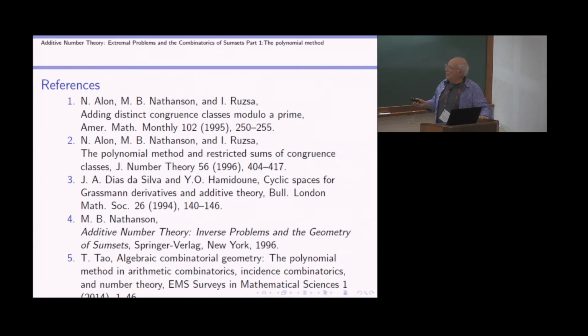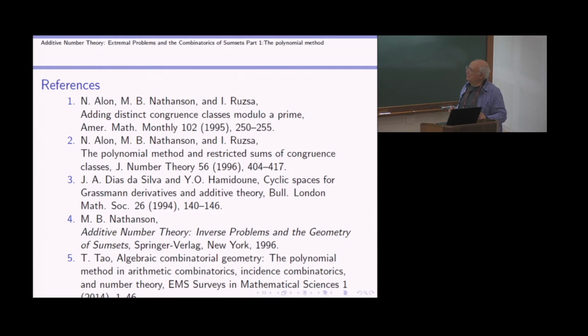Because this polynomial proof is so elementary, no one looks at the Dias da Silva and Hamidoune paper. What they use is a little bit more algebra. You have to know some linear algebra, some exterior algebra, and a little bit about the representation theory of the symmetric group. It's a beautiful, beautiful paper.